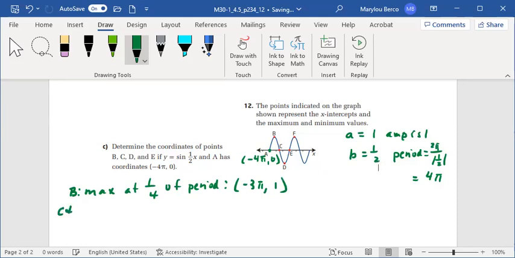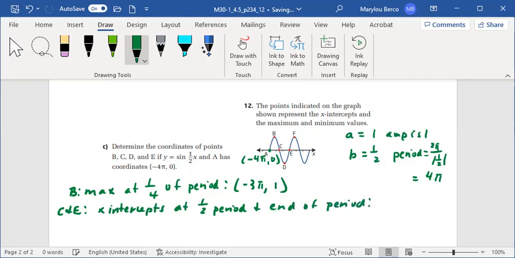Points C and E are our x-intercepts, and they occur at half the period and end of period. So they will be negative 2 pi, 0 and 0, 0.